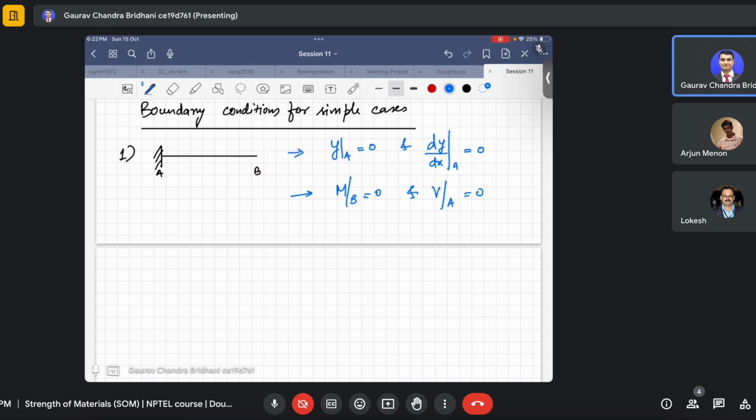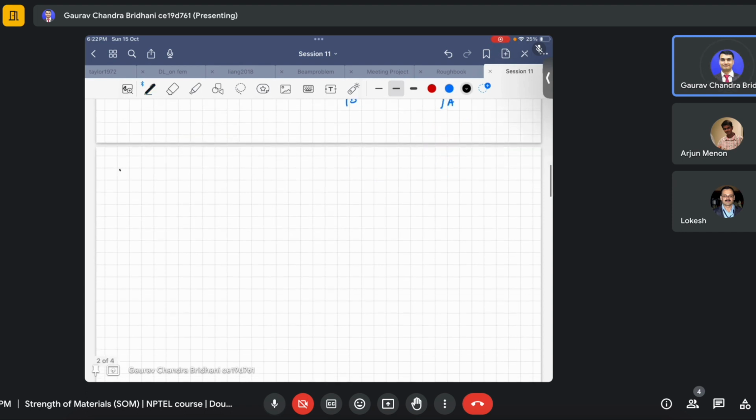Now let's move to our next case. We have a simply supported beam, with a hinge here and a roller here. This is A, this is B. As you know, this end won't deflect, but it will have a slope. If your load is there, it will deflect like this. So the deflection will be 0, but the slope will be non-zero there.